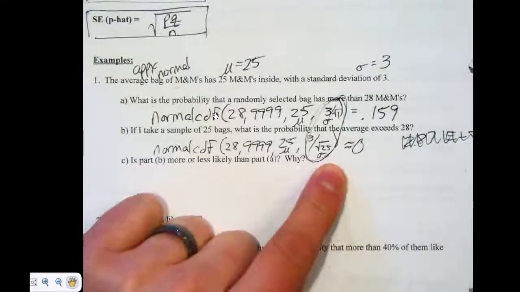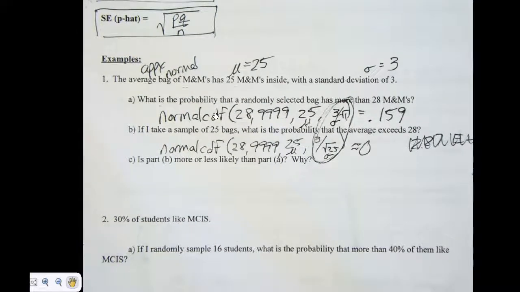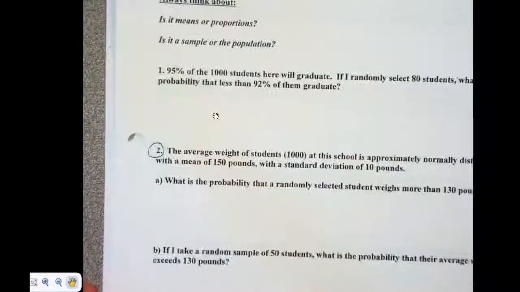Yes. But asking to get 3 that are all kind of averaging out to be bigger, that's tougher, because now your distribution's a lot smaller, and it's just hard to be an outlier. Right. Questions on number 1 there? Try number 2 on the next page.